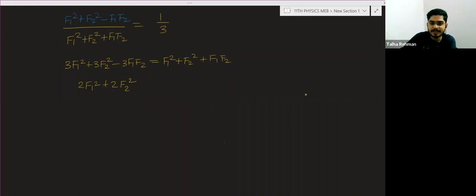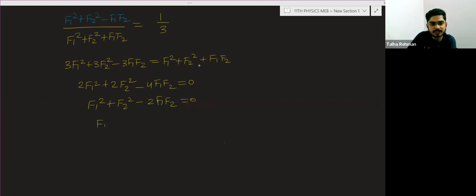When this F1 F2 comes to this side, it also becomes minus F1 F2. So this will become 2 times of F1 into F2. This is equal to 0. Now take 2 common. So you will have F1 square plus F2 square minus 2 F1 into F2 is equal to 0.